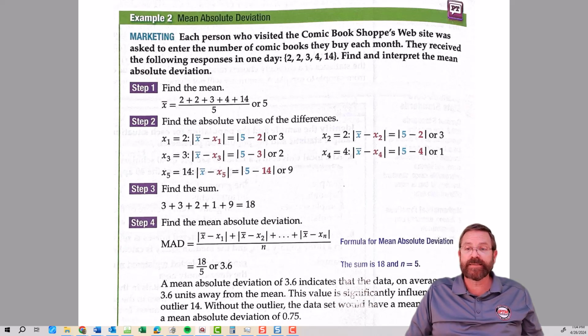This value is significantly influenced by the outlier, which is 14, and without the outlier, the data set would have been 2.75 with a mean absolute deviation of 0.75. That would have been a lot more consistent but that outlier 14 really screwed everything up.